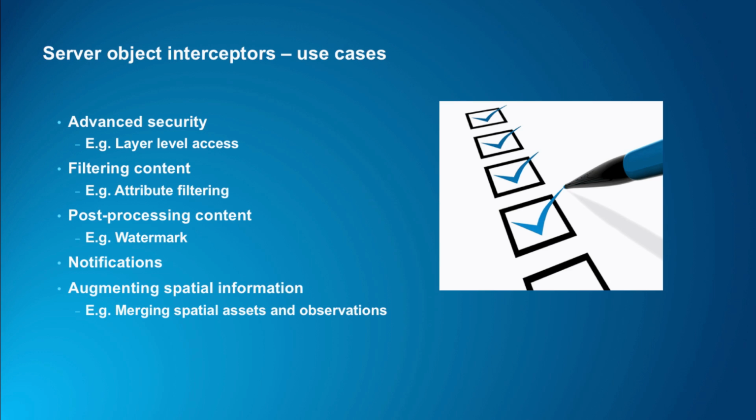Post-processing is another step, where I want to apply a watermark, or alter the image or alter the results in such a way that different users will get a different view of what the map is. Another very simple idea is notifications.